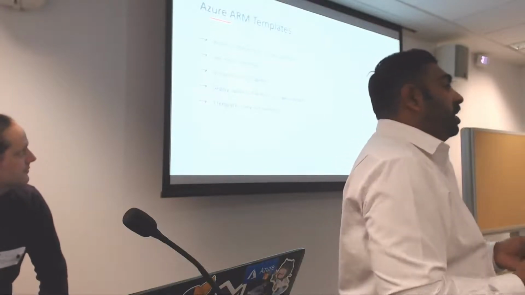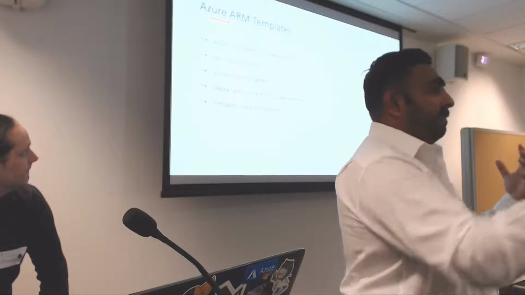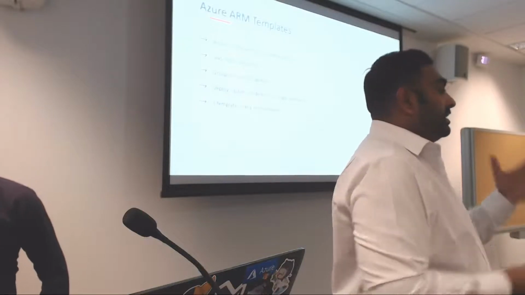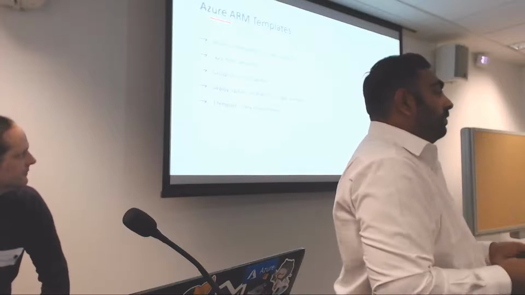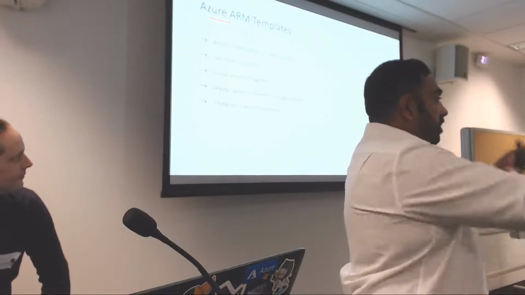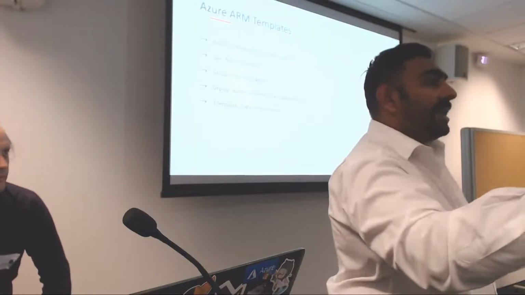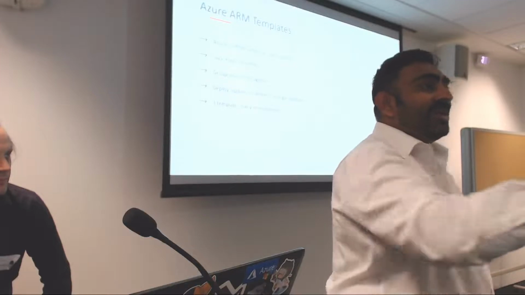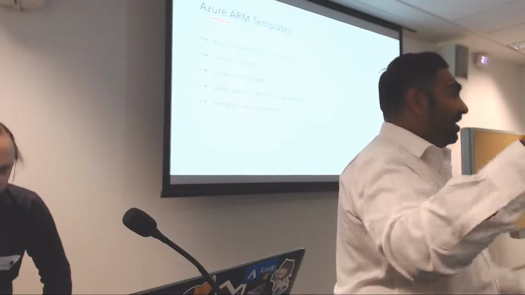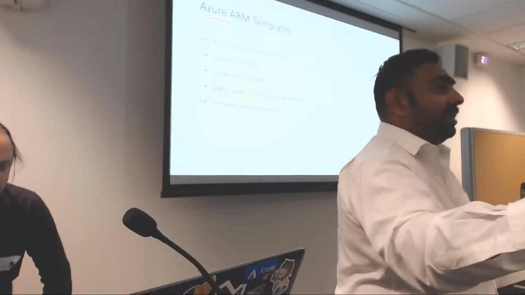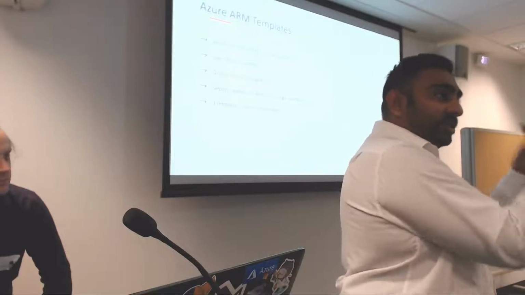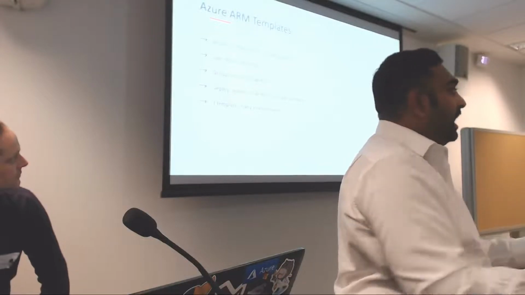If you're talking about the true cattle and pet analogy, let's say you have an app service. You destroy your apps because you want to rebuild them. But the storage account that has all the images for your website, you don't want to be destroying, because they're static images. So you put the storage account that has the images in a resource group that you never destroy.